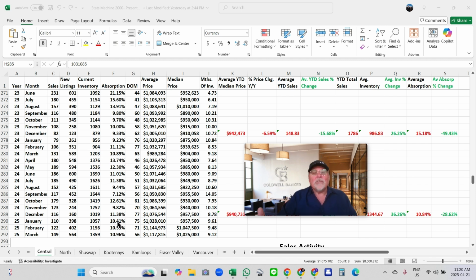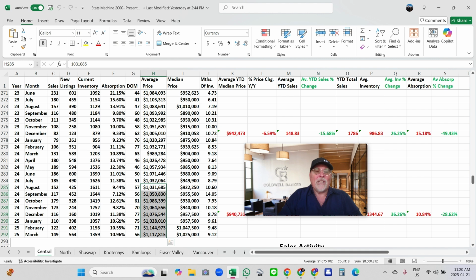So the next way you can use the stats machine is by something called running averages. Okay, so a running average is, let's just take the absorption here from January of 2025 to March of 2025. So that's a running average for 3 months. And if you look over here, right down here, this incredibly fine print, it says average 10.64%.